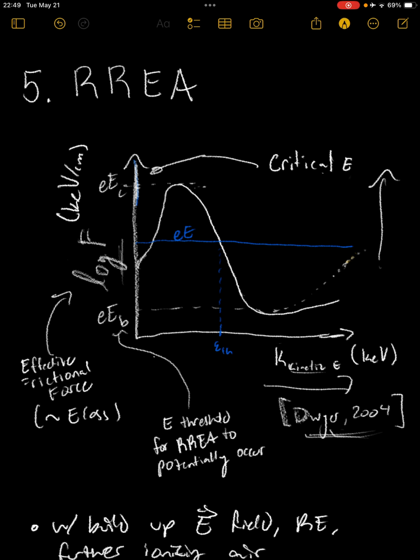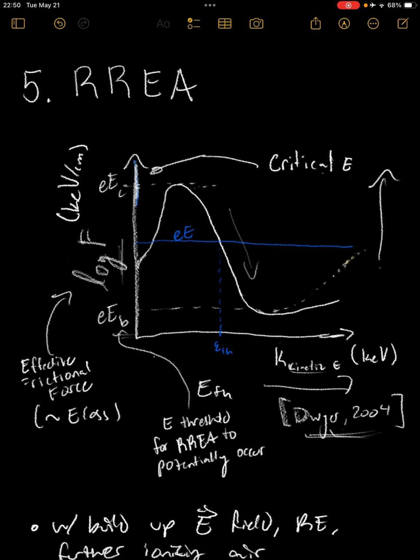Let's look at this a little bit further. What we have seen from various experiments is that the frictional forces are going to increase until they reach this critical energy level, and then significantly decrease, and then it will reach this E threshold. I also named this above as ETH. This is the energy requirement in order for an RREA to occur.